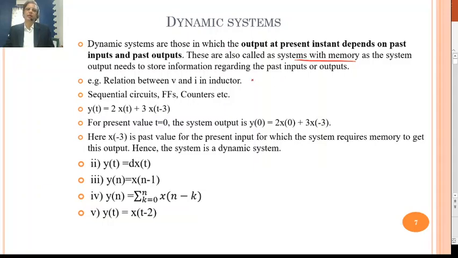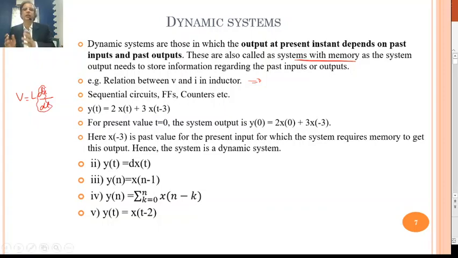Now here, an example of a dynamic system is the relation between the voltage and current in case of an inductor. We know that in case of an inductor, voltage V = L di/dt, which is a differentiation. And what is differentiation?